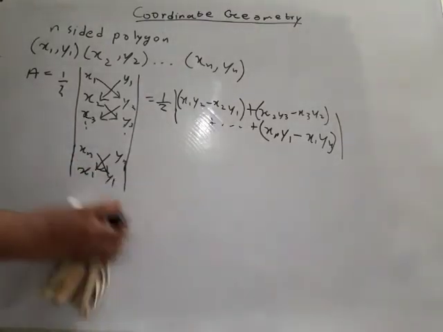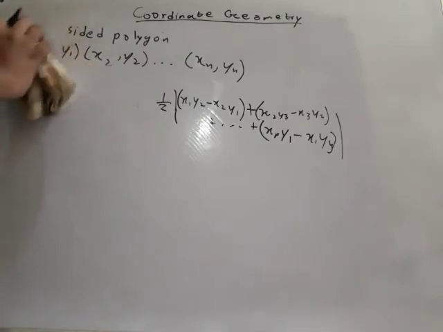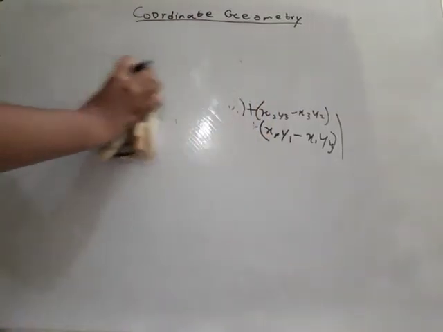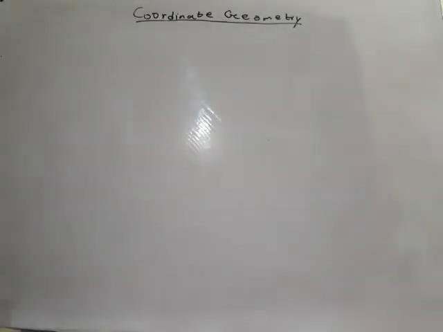Now I will be telling you some properties by which we can determine if given 4 points represent a parallelogram, a square, a rectangle, or rhombus. It will be very easy.